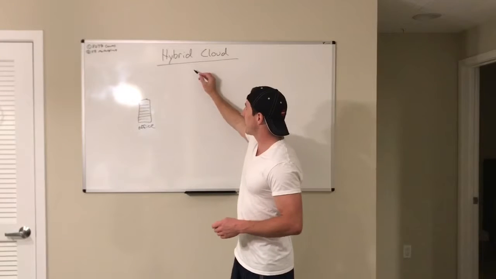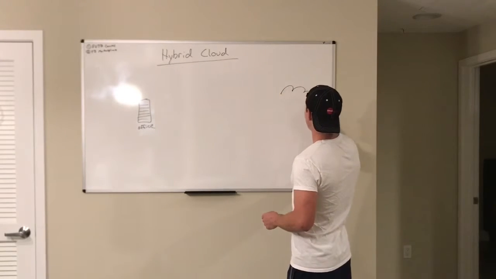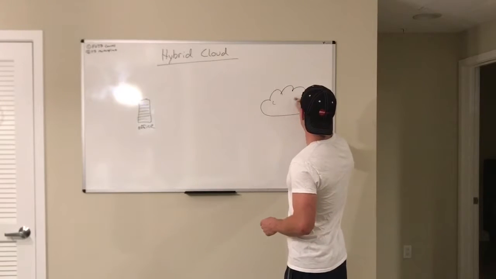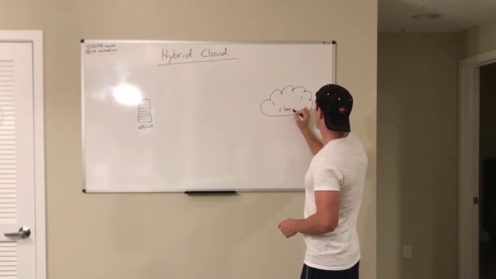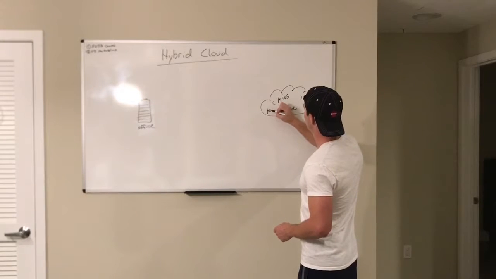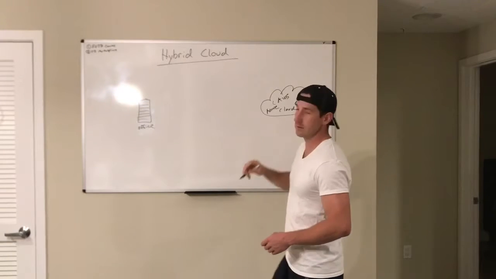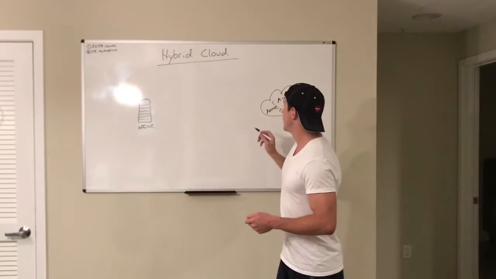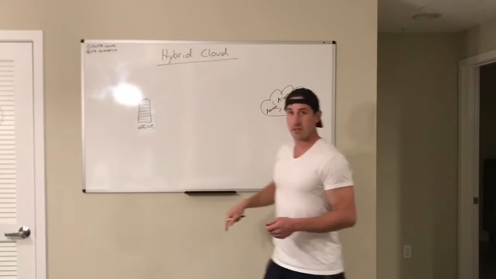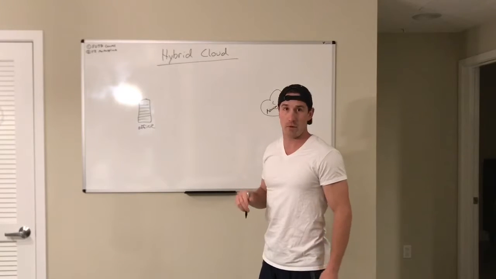Now you'll hear hybrid cloud when you're talking about connecting from here to the cloud, right? Here's the cloud, right? So you have AWS, Azure, Google. All right, just to name a few of the big guys. On-premise and cloud, using them together, that's a hybrid cloud model, right?